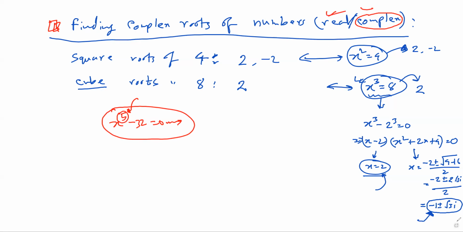So let's think of the generalized problem. Solve the equation. Basically, we are dealing with the problem: find the nth roots of some complex number z, which is of the form a plus ib.